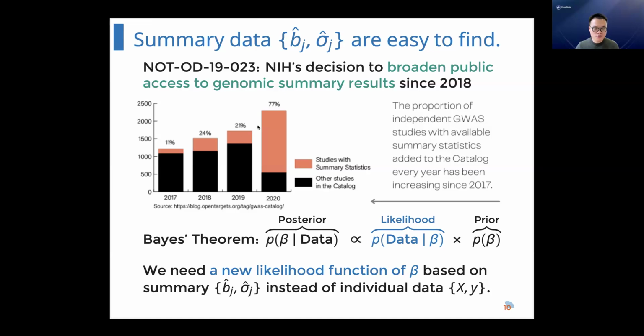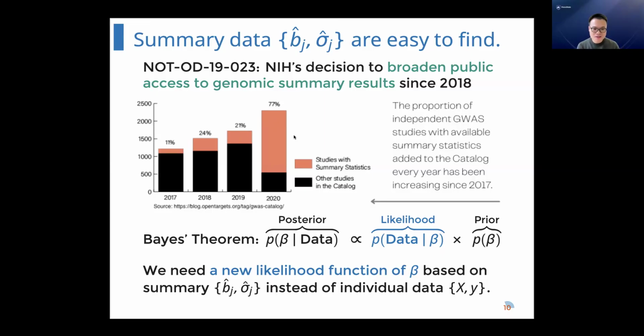You can see the trend from this bar plot, indicating this type of summary data is becoming more and more available in the public domain. This increasing and widespread availability of summary data gives us an idea.